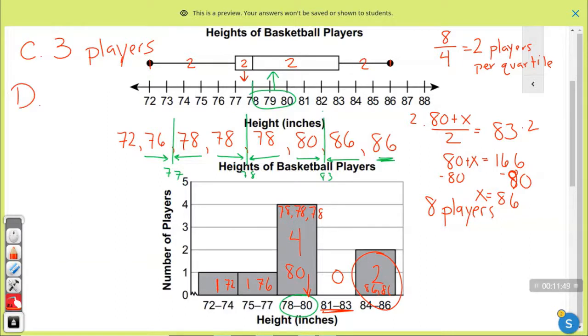And now D, you can use these values to find our mean or our average. Remember, our mean, otherwise known as our average, is always the sum of all the players divided by the number of players, how many there are. So in this case, you can add up all of my values. Get out your calculator and go ahead and add them all up.